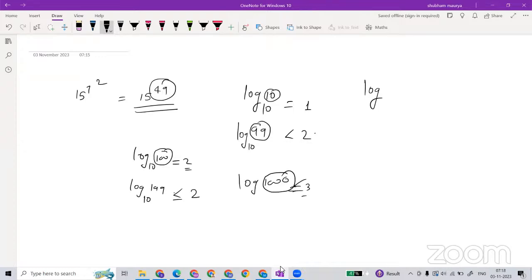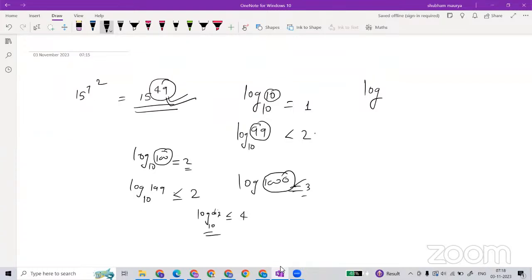If it is 5 digits, with base 10, then the value is less than or equal to 4. Correct? Yes, sir. Can we think the same way here also?